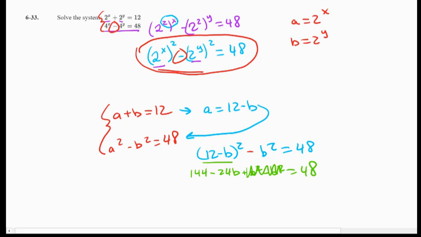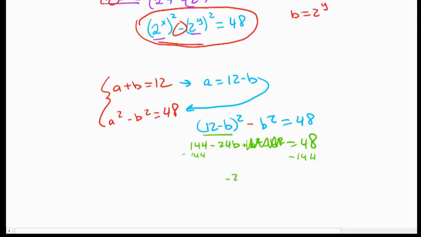I'm going to get b on its own side and then solve for b. So I'm going to subtract these two here, 144. And then I get negative 24b equals, what is that, negative 96. And then I'm going to divide both sides by negative 24.